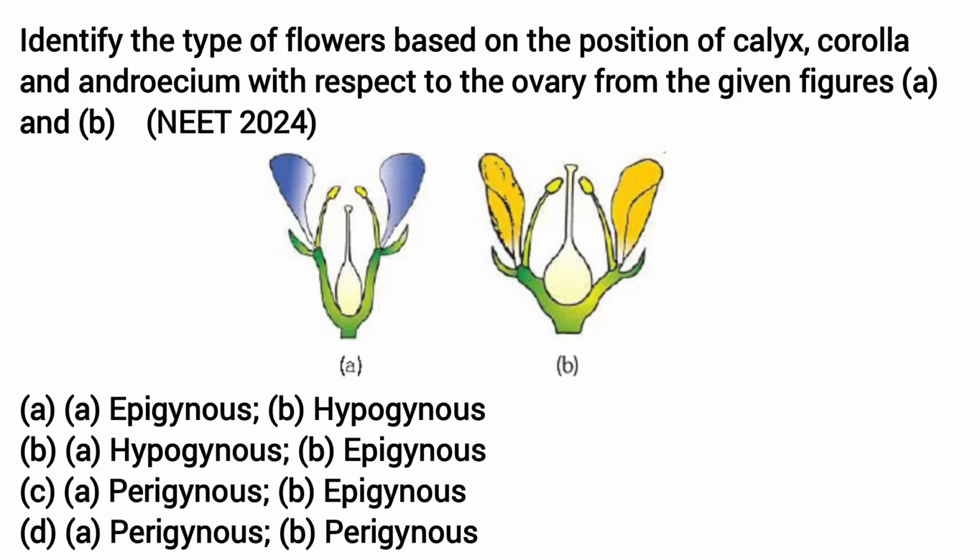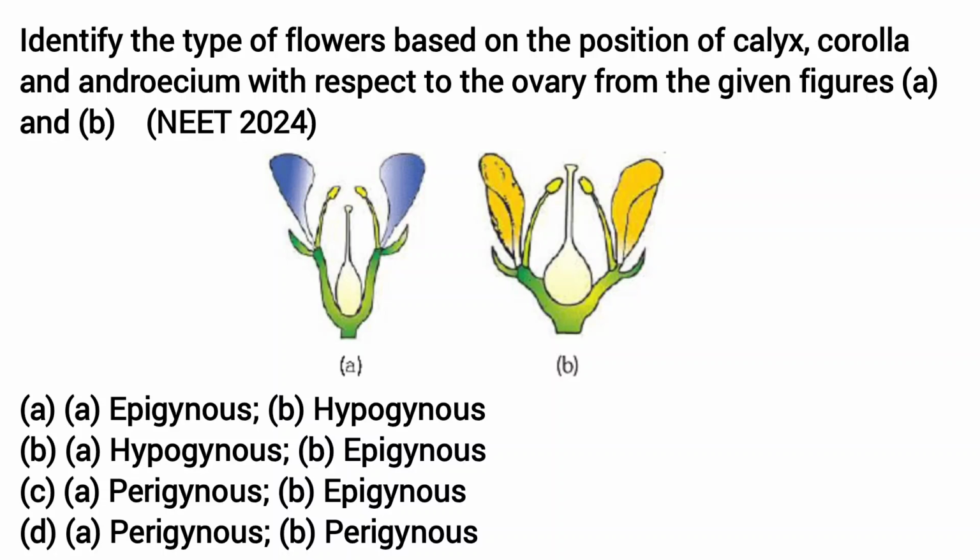We'll move on to the next question, that is from the year 2024. Identify the type of flowers based on the position of calyx, corolla and androecium with respect to the ovary from the given figure A and B. If you observe the figure, you can tell that the gynoecium is present at the center. In both the figures, the gynoecium is present at the center, and the other parts like petals and other parts of the flower are located on the rim of the thalamus.